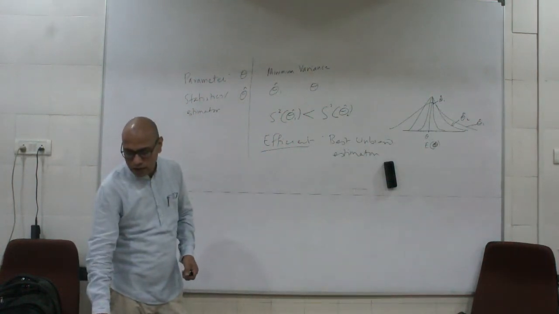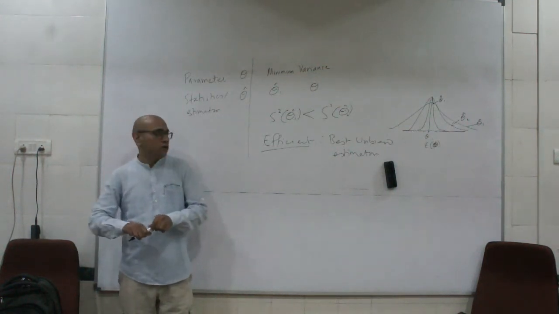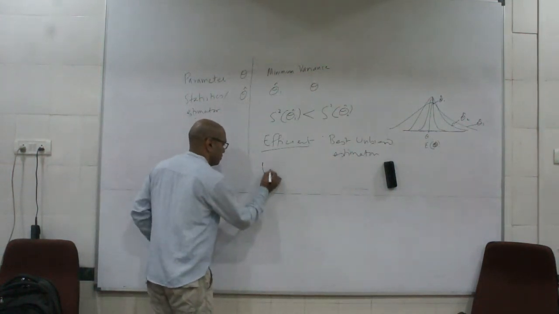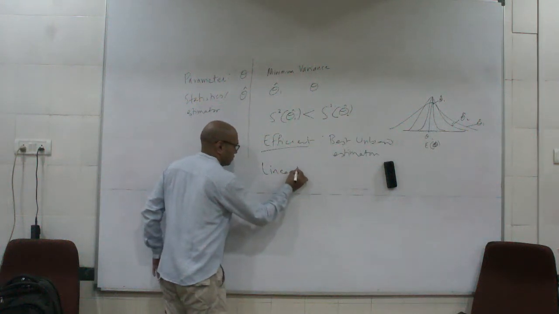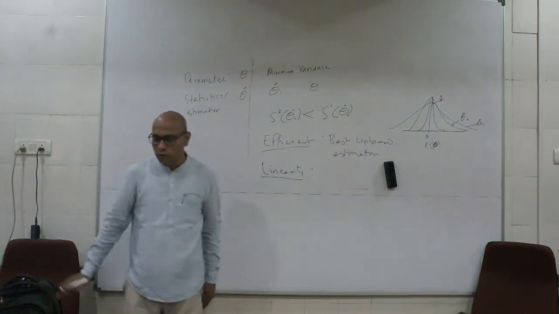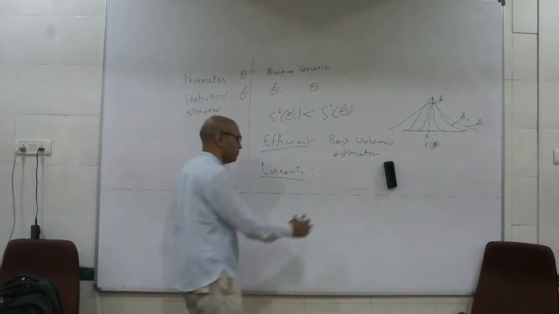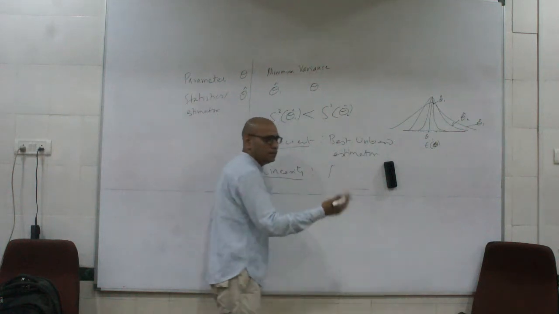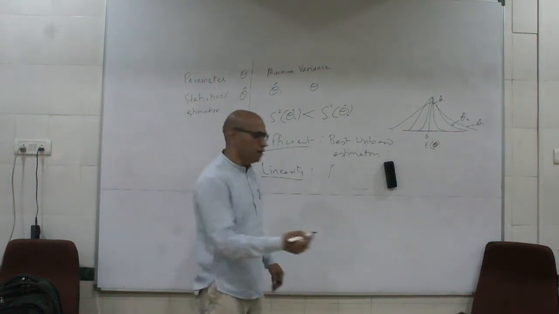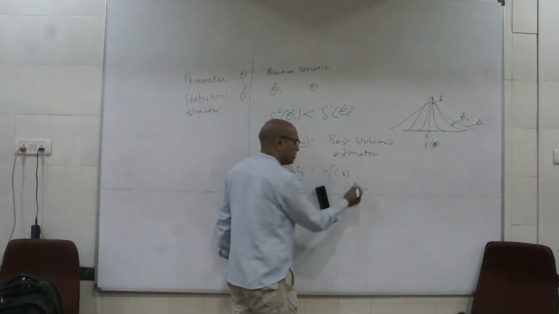The next property is linearity, and an estimator that is a linear function would be called a linear estimator. Say for example, when f of x is a linear function, then the estimator would be called a linear estimator.